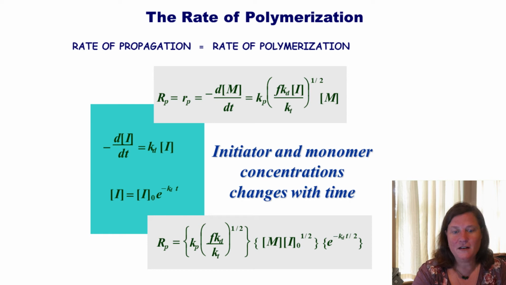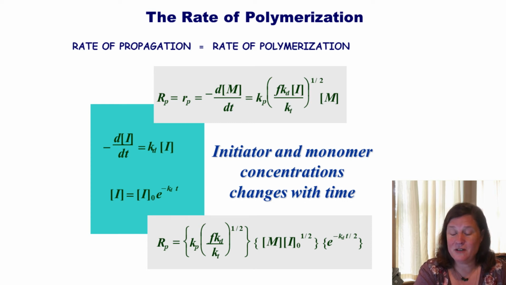But we get an expression for the initiator concentration, and now we can plug that in for the initiator concentration, and we're able to group our variables into collections for this rate of polymerization. So inside our first set of large brackets are all our rate constants.